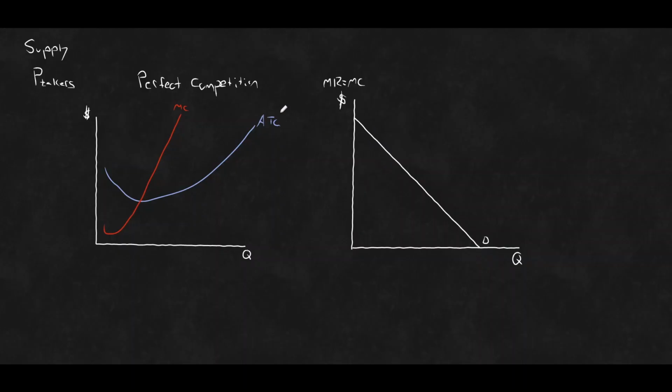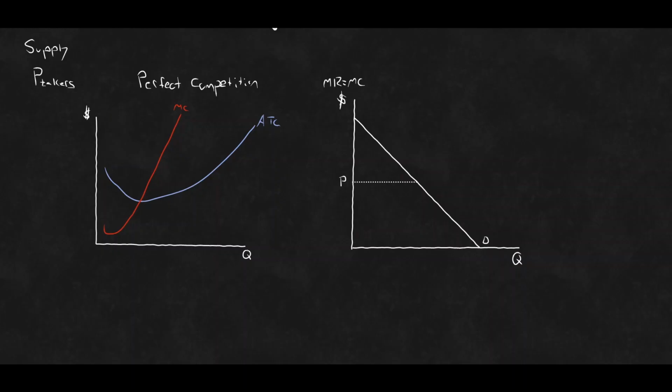Well, from the point of view from the firm, they are so focused, so just narrowed in on the one point of this, that from their perspective, all that firm sees is the current market price. So all the firm sees is this current market price, P, that apples are currently selling at.